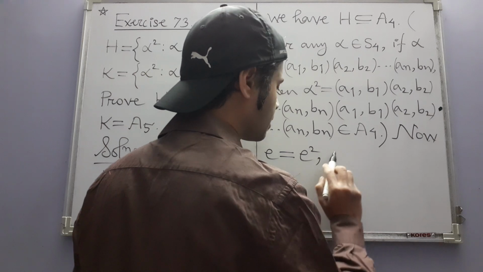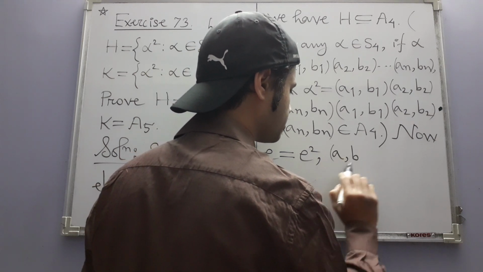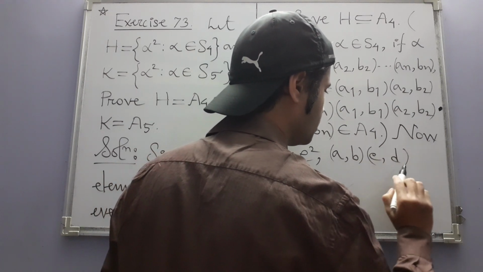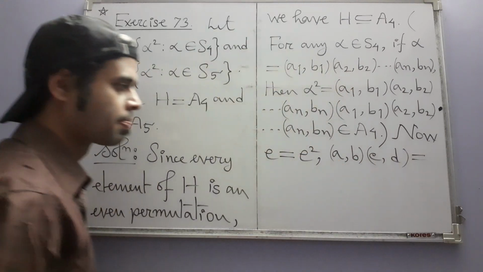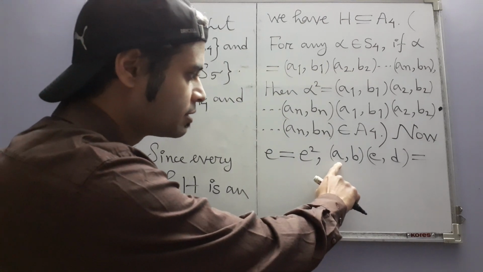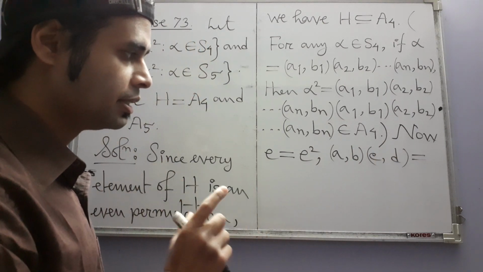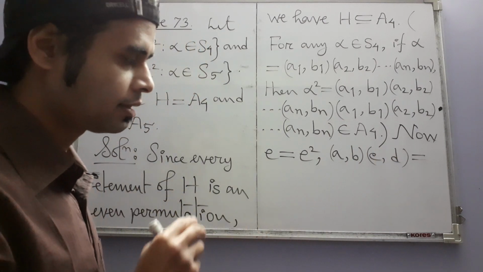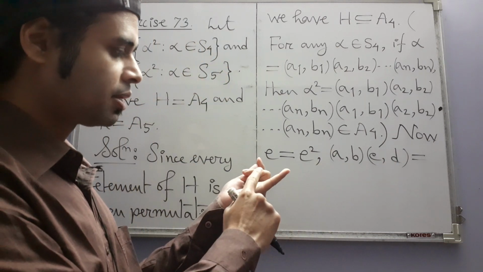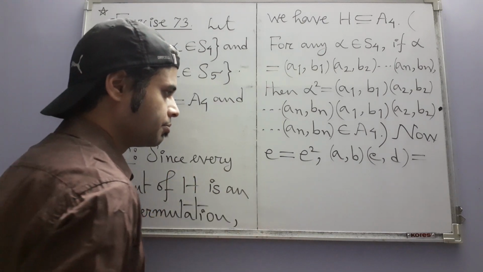Then next comes this cycle type, which is a product of two disjoint two cycles, and for that we need these symbols a, b, c and d to be four distinct symbols, and you already know that these are going to be the numbers 1, 2, 3 and 4 in some order, in some arrangement.